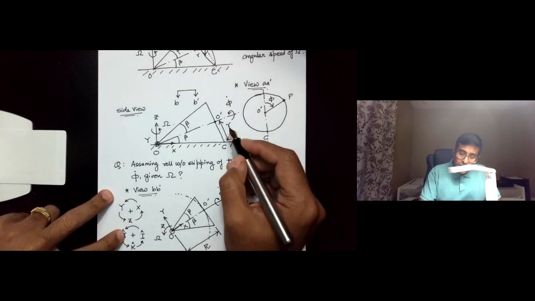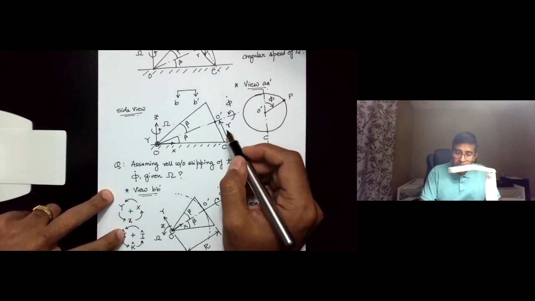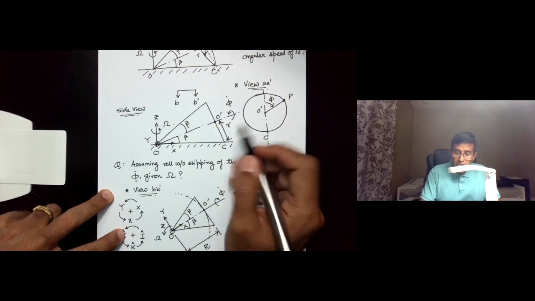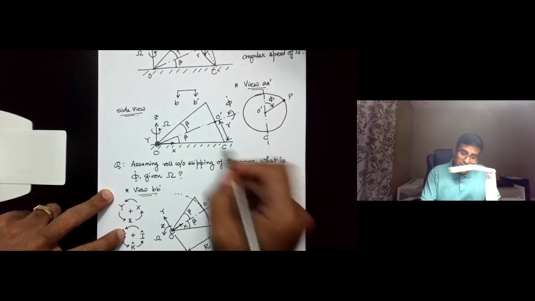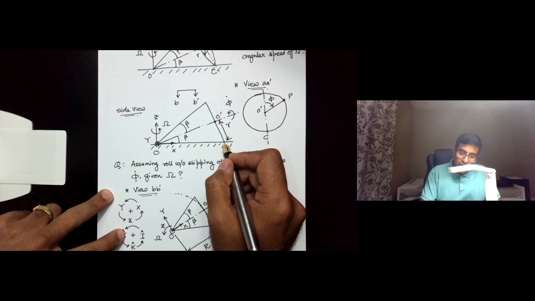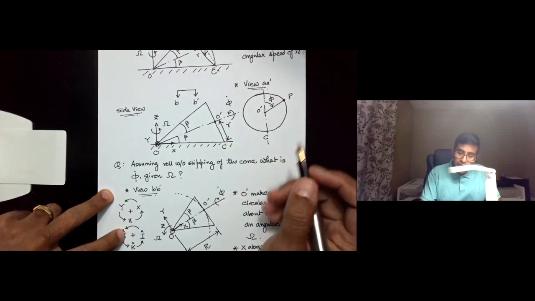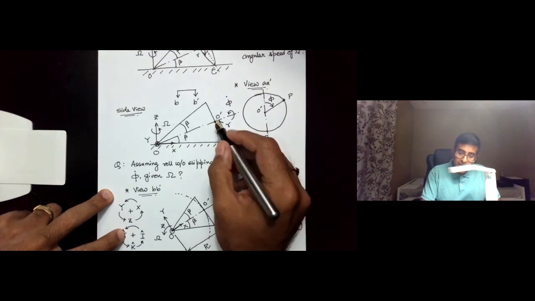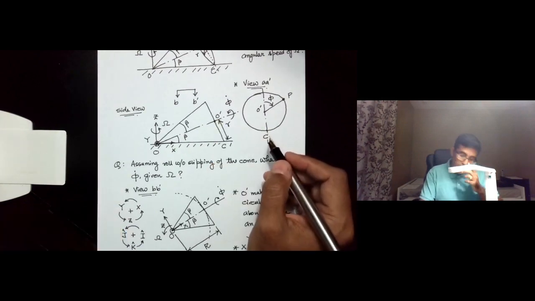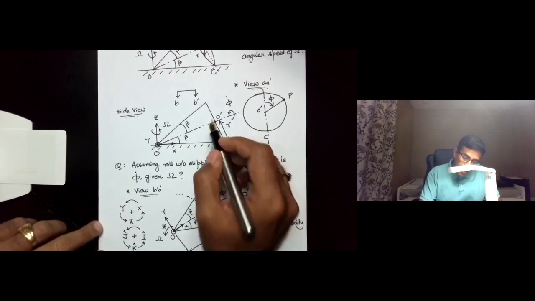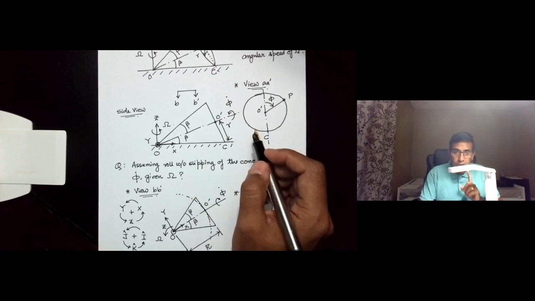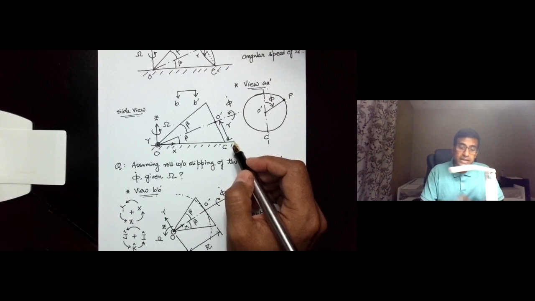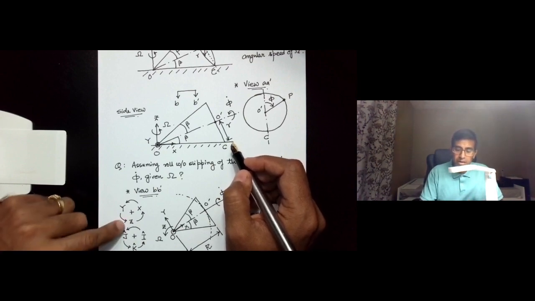Then what we will do is impose the fact that C and O prime are on the same rigid body. C is the point of contact with the ground, but it's on the same rigid body. So there is a definite relationship between the velocity of C and the velocity of O prime. We know the velocity of O prime. We also know that the velocity of the point C is 0, and that is because of the rolling without slipping.